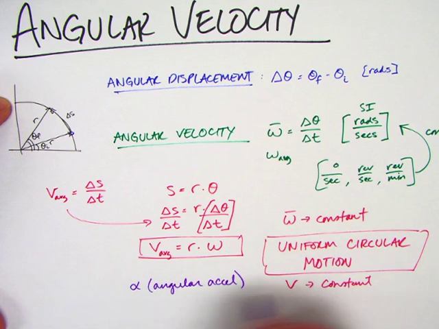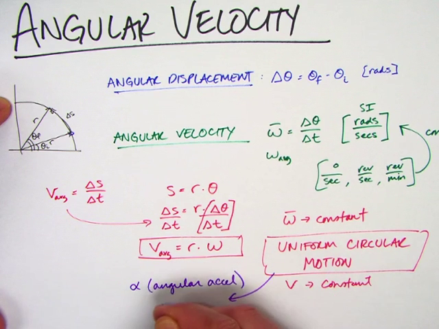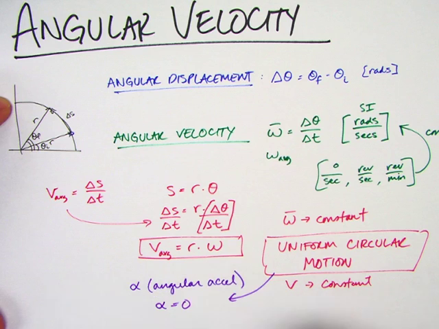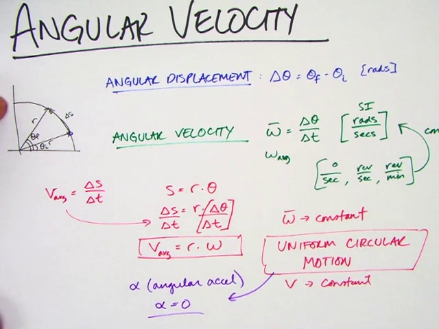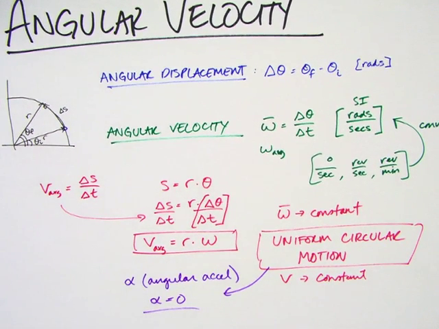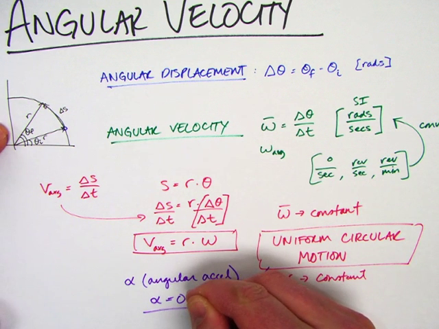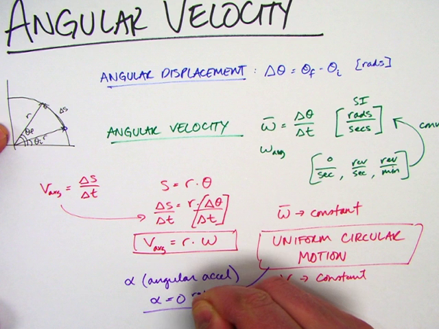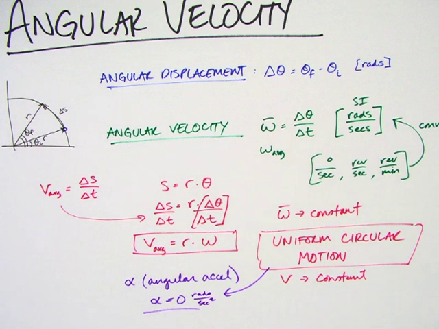When we have uniform circular motion, or UCM, alpha is 0. So in this first batch of problems in this first unit, we're dealing with constant angular velocity, so our alpha is going to be 0, and that's in rad per second squared. Okay, there you go for angular velocity.